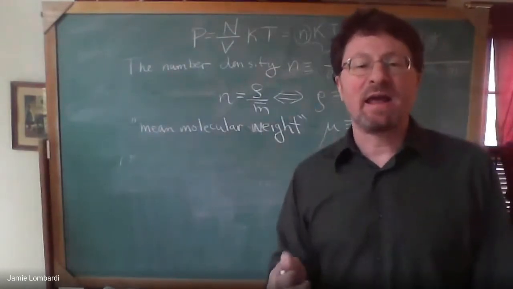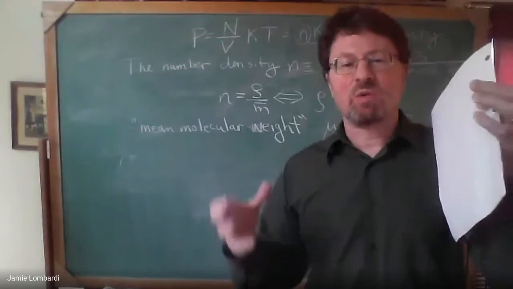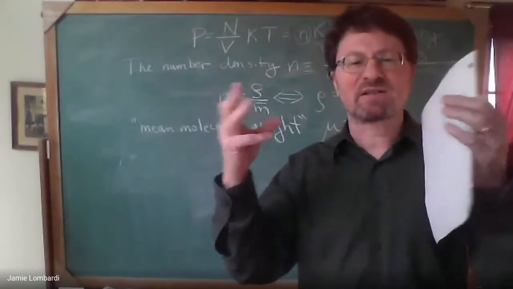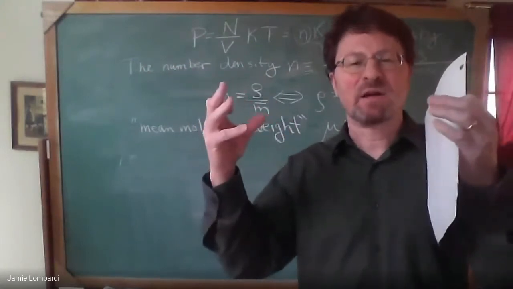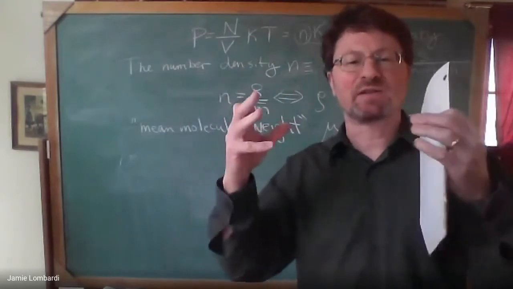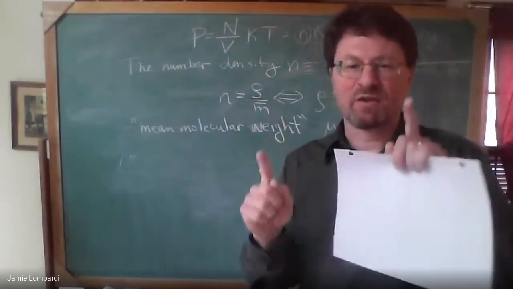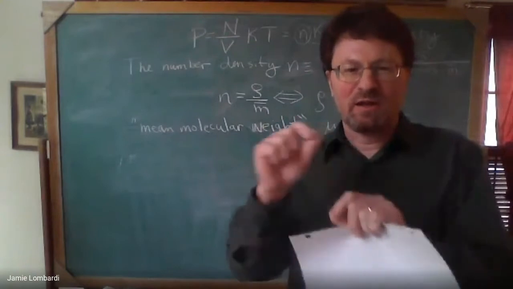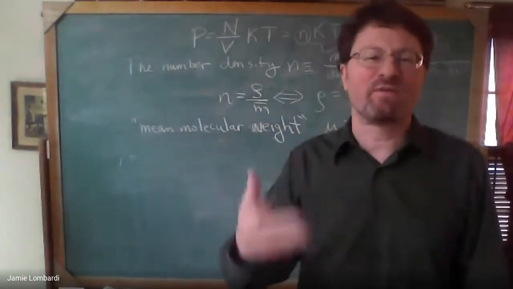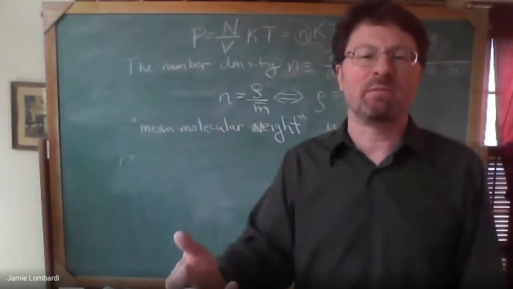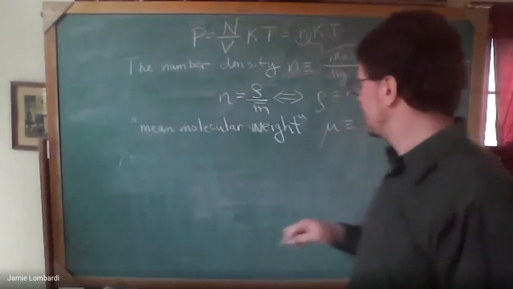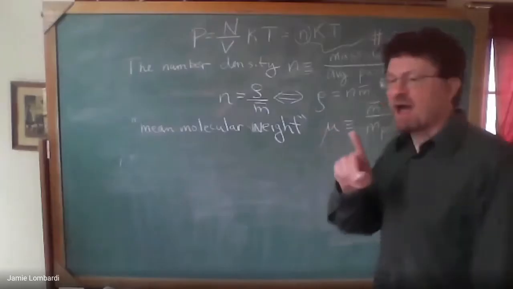What if I had a box of protons with an equal number of free electrons in the same box? So for every 1 proton, there's 1 electron. What's a good approximation or first guess at what the mean molecular weight is? 1/2. It's 1/2, right?